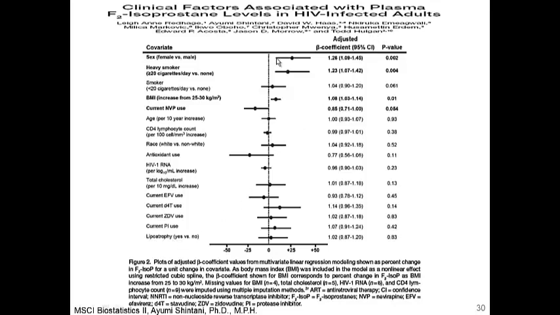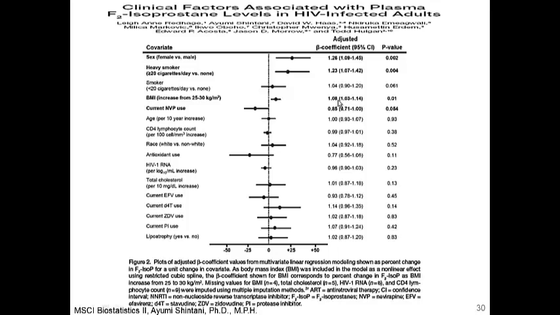And so the effect of each covariate, each variable, is adjusted for all other variables included in the model. So if you look at the effect of BMI, the effect of BMI is indicated as 1.06.